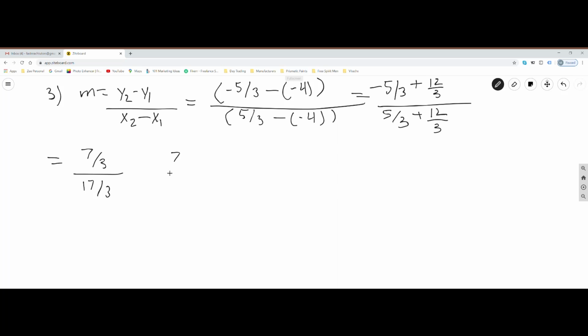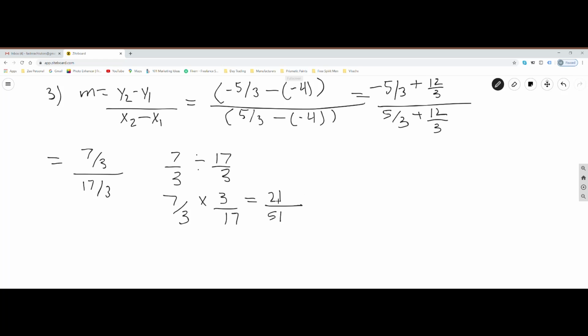So 7 over 3 divided by 17 over 3, you would do 7 over 3 multiplied by 3 over 17. Because whenever there's division, what you do is you flip the denominator to the numerator and the numerator to the denominator, and then you just multiply the top and the bottom, so 21 over 51.